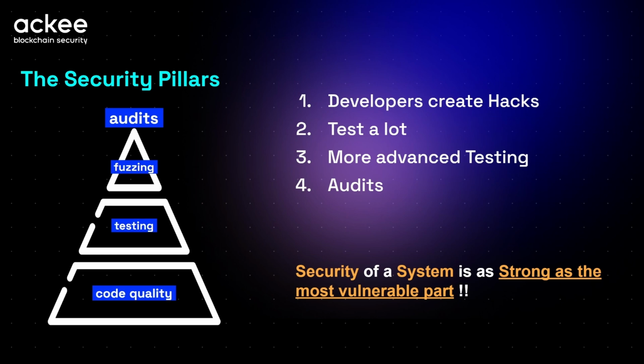In this case, we were talking about fuzzing, and the tip of the iceberg was dedicated to the audits. I have one sentence here that is always true: the security of a system is as strong as the most vulnerable parts in the system. So this can go from the source code to even the employees, as I was talking about.